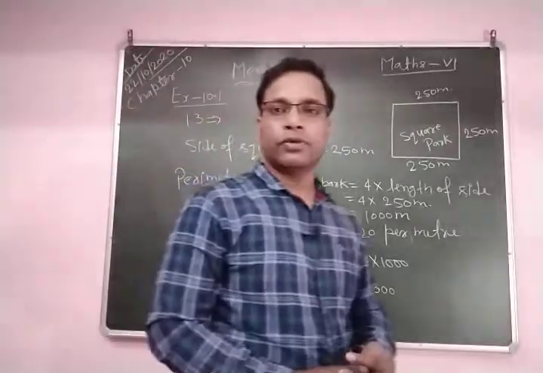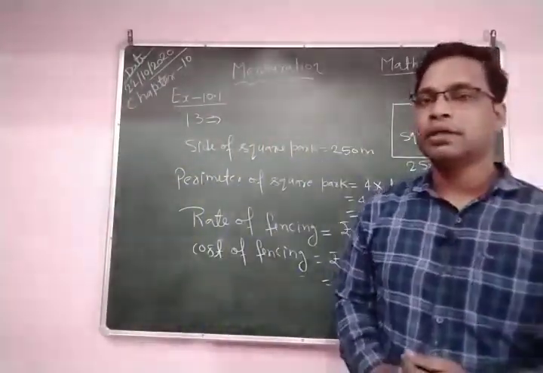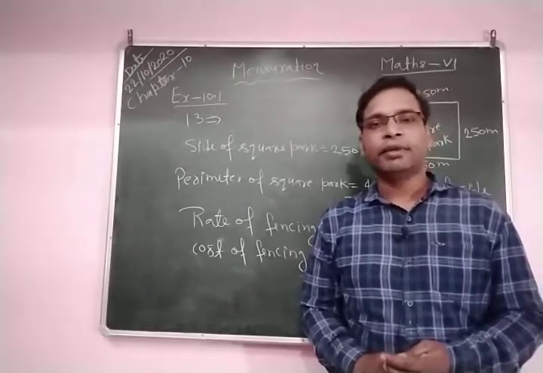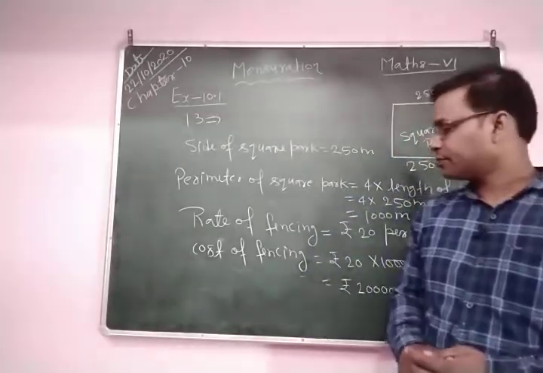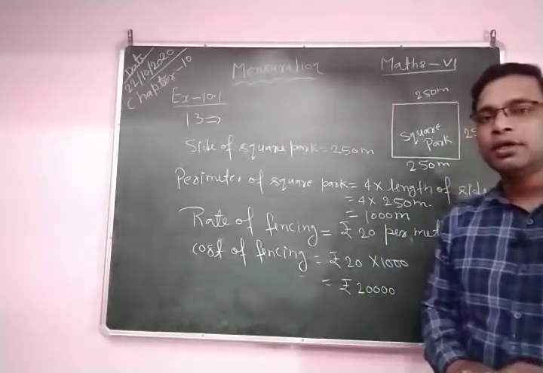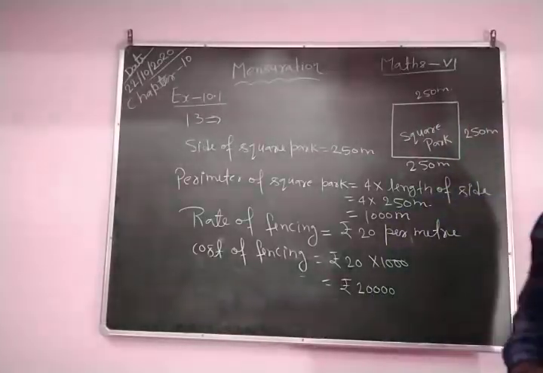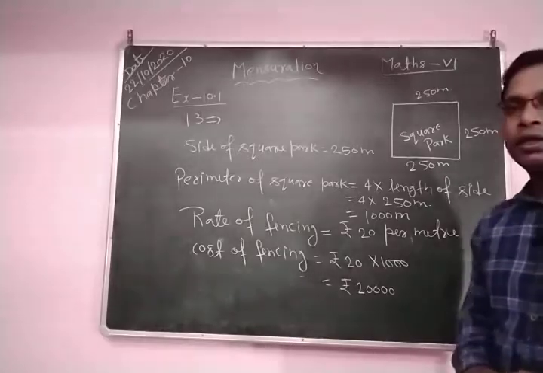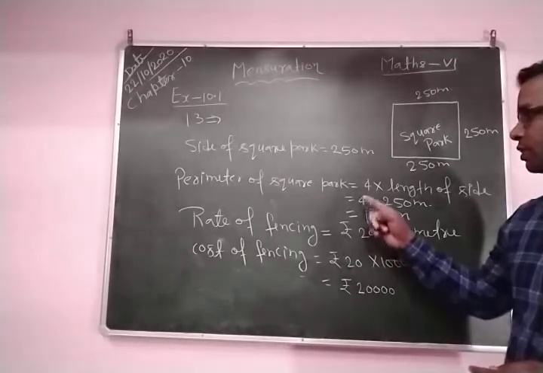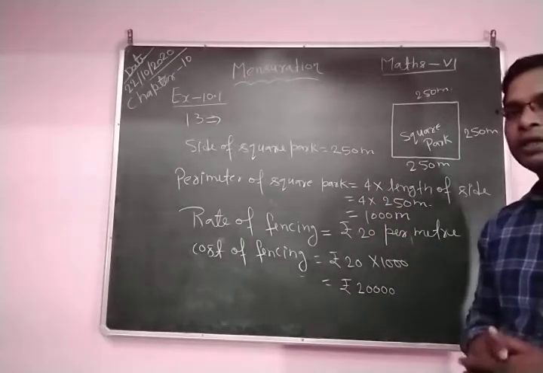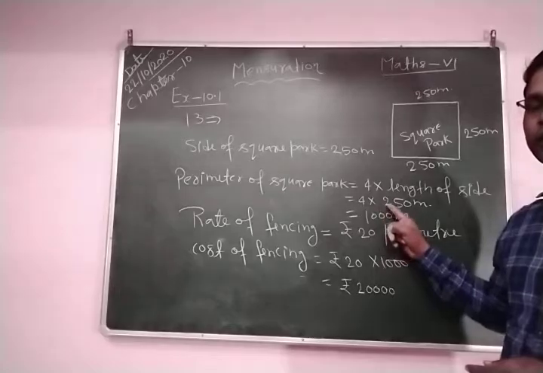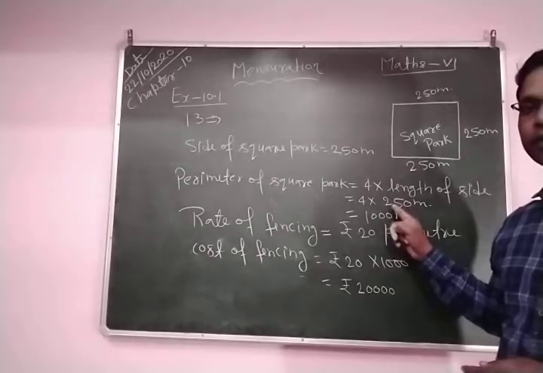So students, in this question, a square park whose side is 250 meters is given, and the rate of fencing is given as 20 rupees per meter. First we find the perimeter of the square park. The perimeter of the square park is equal to 4 into the length of a side, which is 4 into 250 meters.